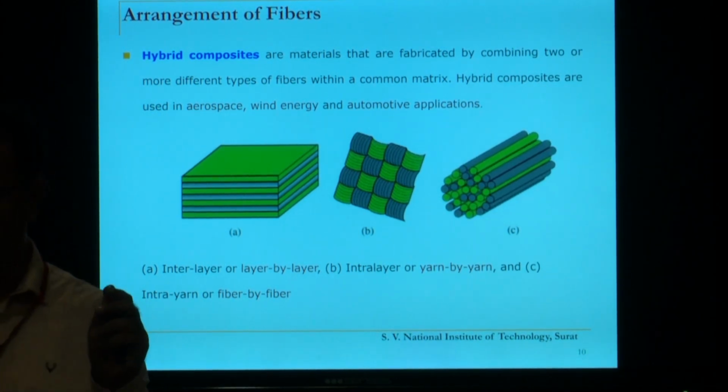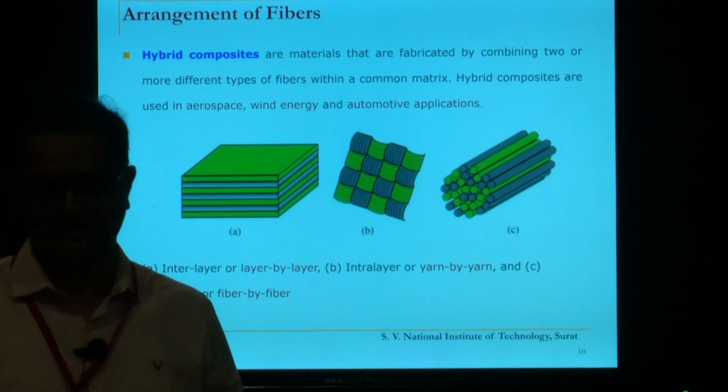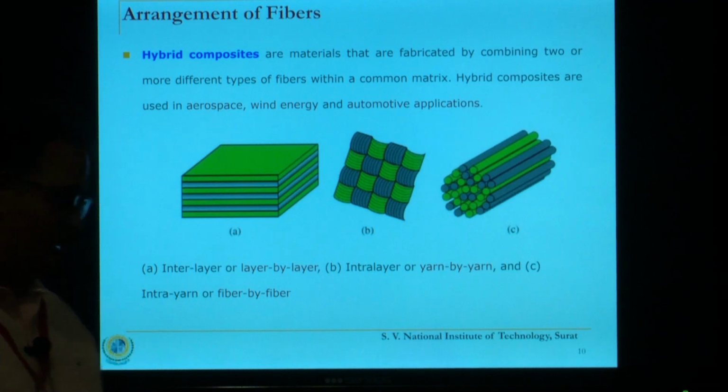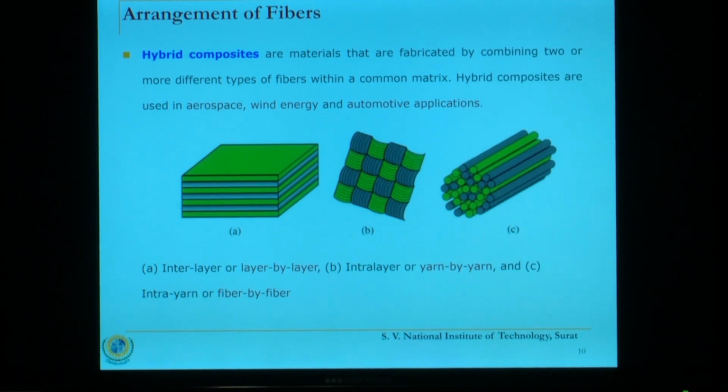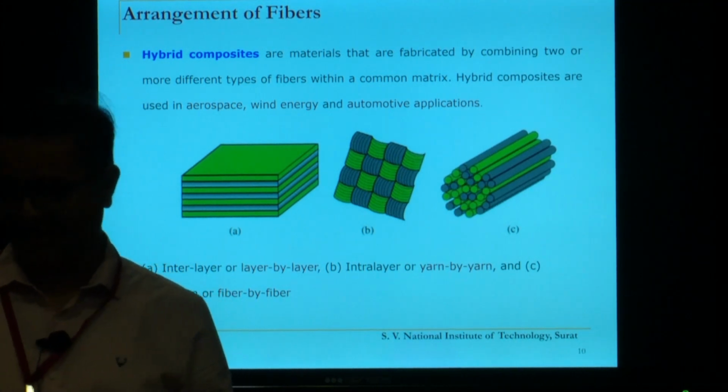So, each thread is combined with some other threads at a time. So, there are 3 ways in which different fibers are used together, be it natural, be it man-made, be it a combination of them, but that gives rise to altogether a new way of taking up the study of composites, and we call it hybrid composites.